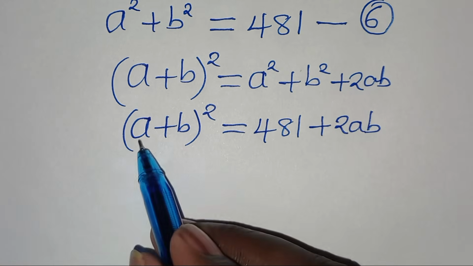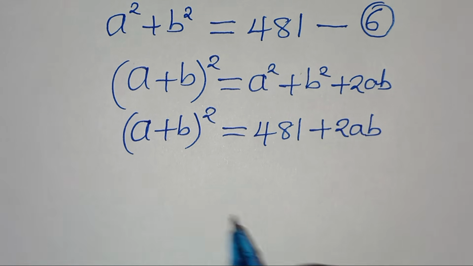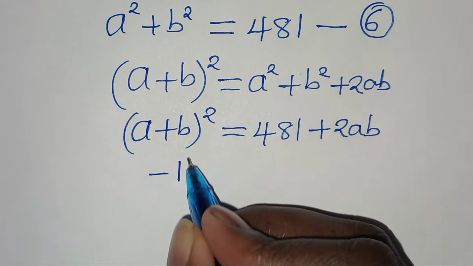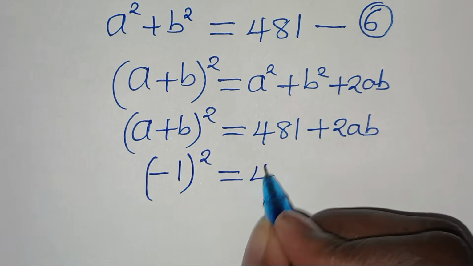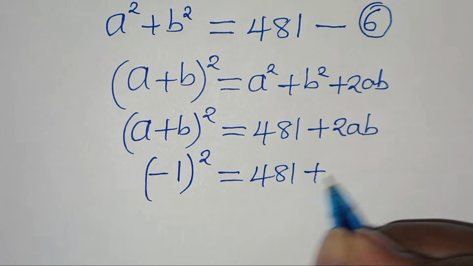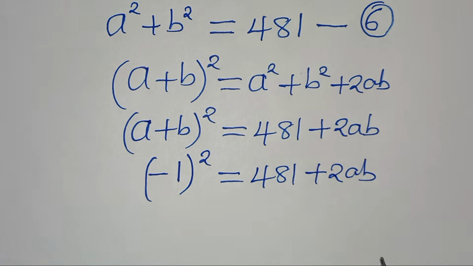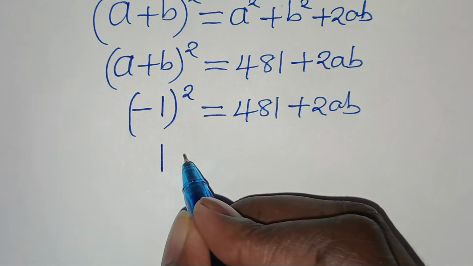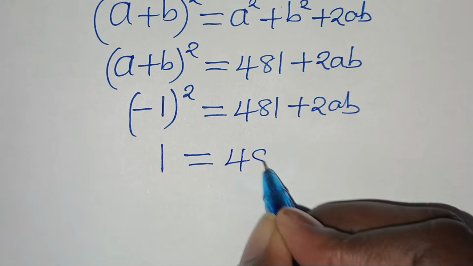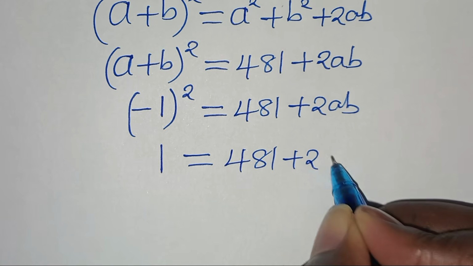Also, a plus b from equation 5 is minus 1, so it's minus 1 raised to the power of 2. This is equal to 481 plus 2ab. So this implies that minus 1 squared, which is 1, is equal to 481 plus 2ab.